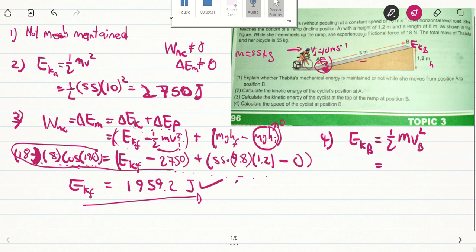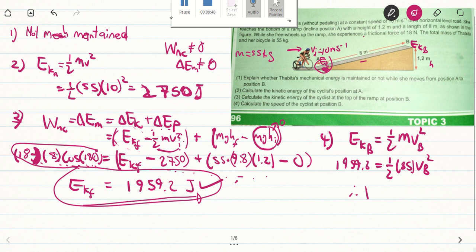It's this value here, the EK final, that is EK at B. So we can just put it here, 1959.2, and then 1 over 2 multiplied by 55 V_B squared.